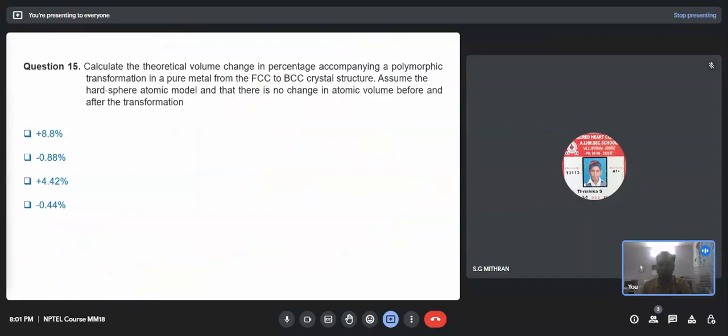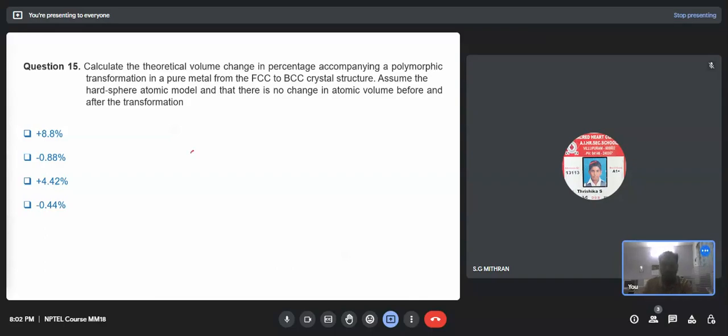Now the last question: calculate the theoretical volume change in percentage accompanying a polymorphic transformation in a pure metal from BCC to FCC crystal structure. Assume the hard sphere atomic model and that there is no change in atomic volume before and after the transformation.